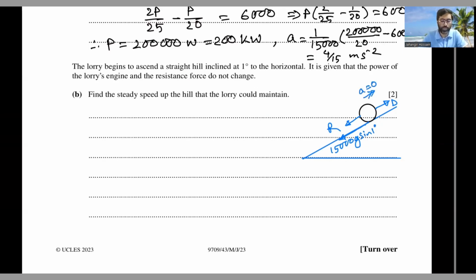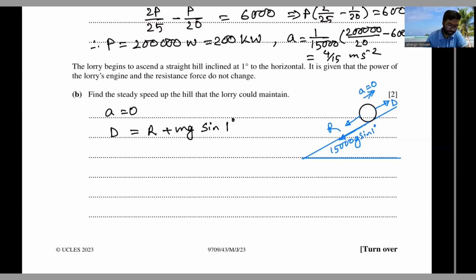We need to find the constant, steady speed. Since acceleration is 0, along the hill the resultant force is 0. So D equal to R plus the weight component, with alpha being 1 degree.